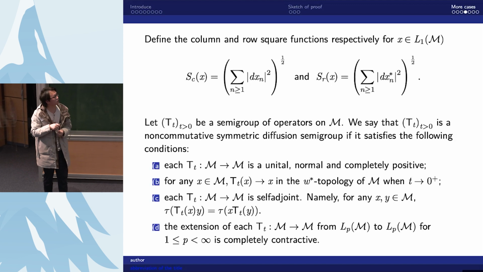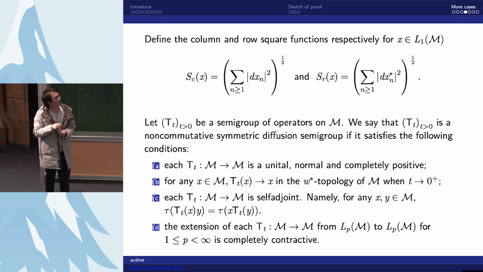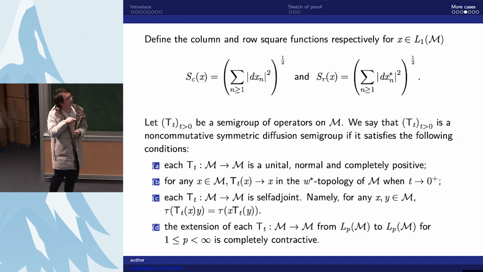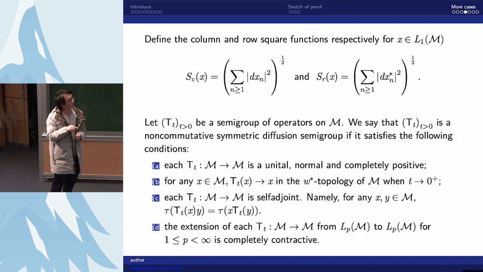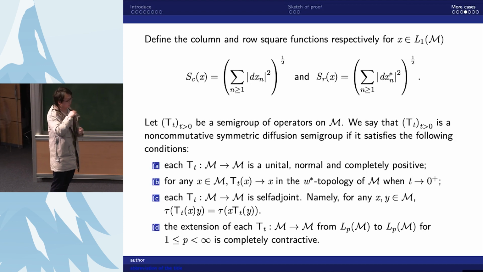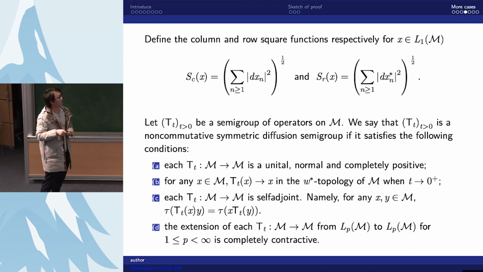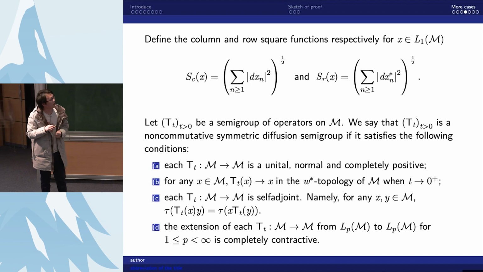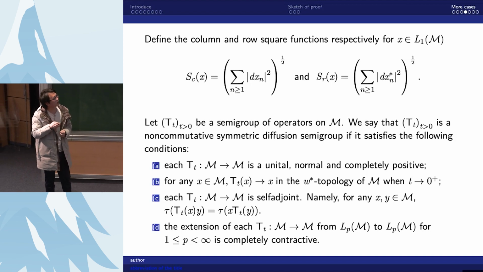Condition B: for any x in M, T_t x goes to x in the weak star topology of M when t goes to 0. This is the analog condition of the classical case. Condition C: each T_t is self-adjoint in the trace.